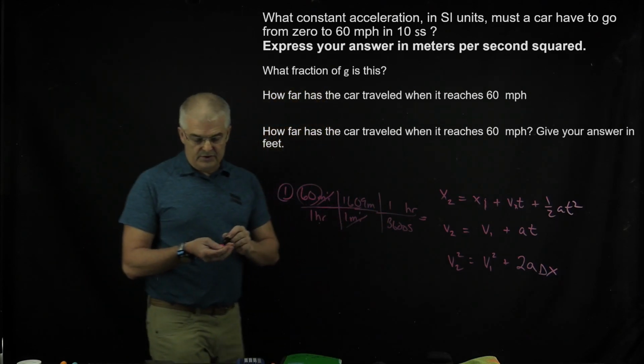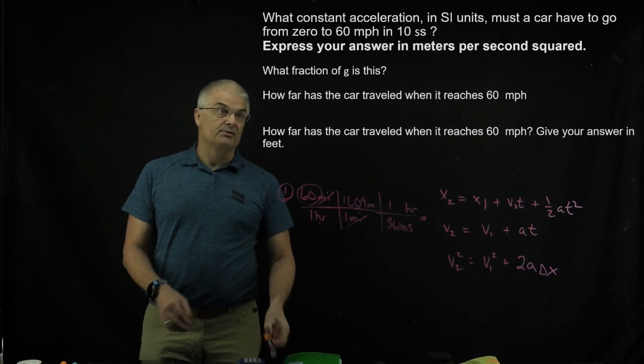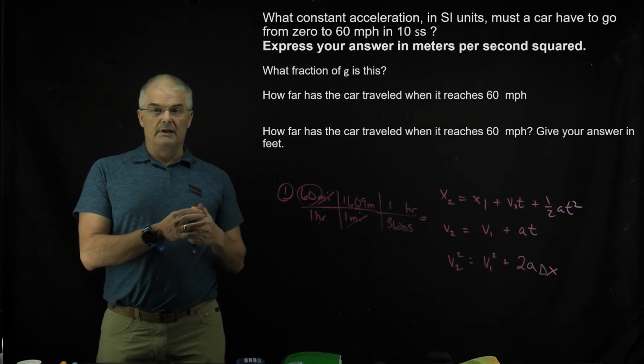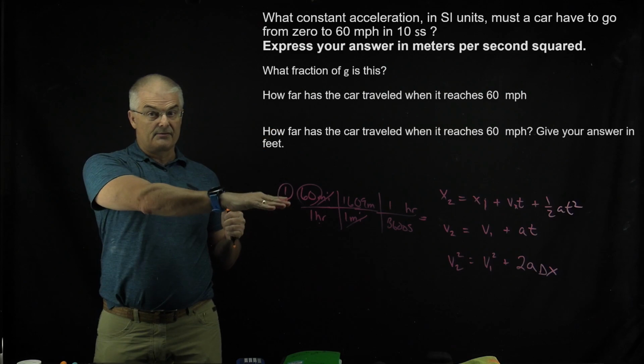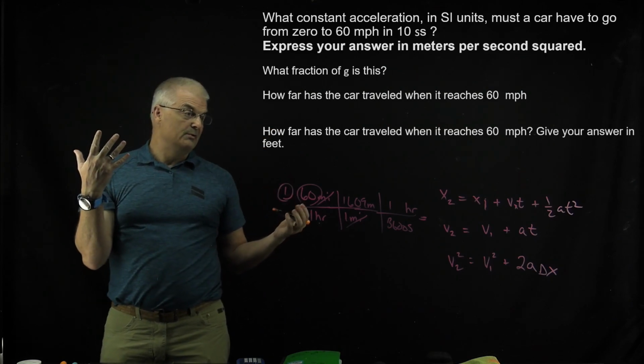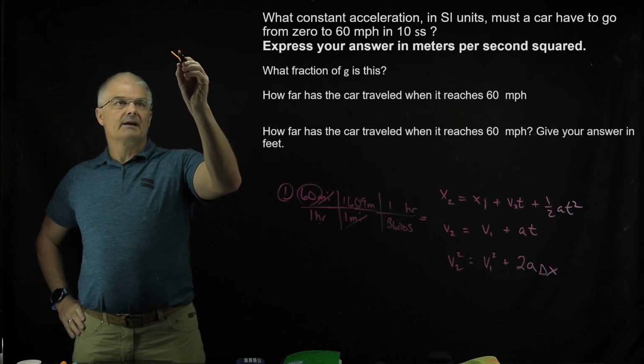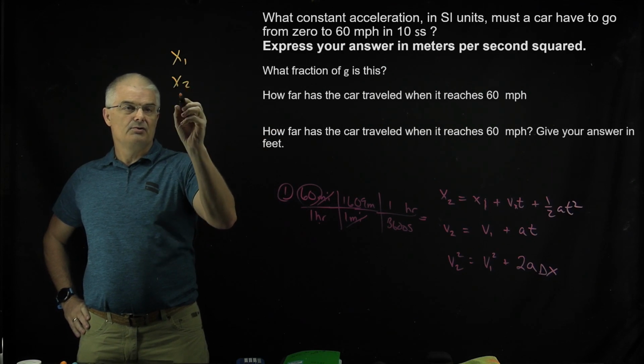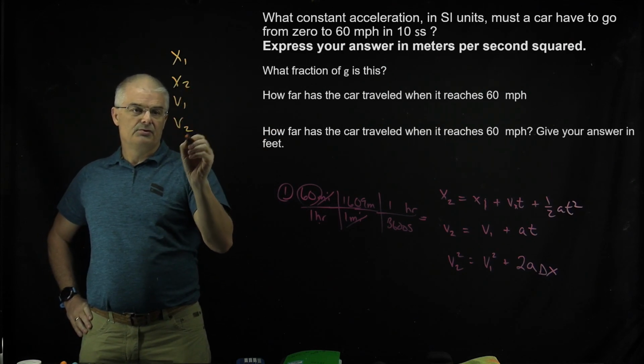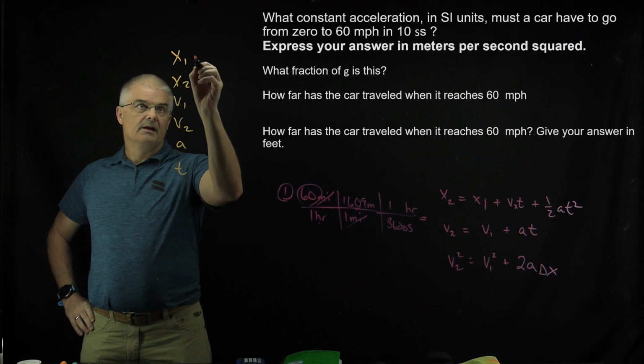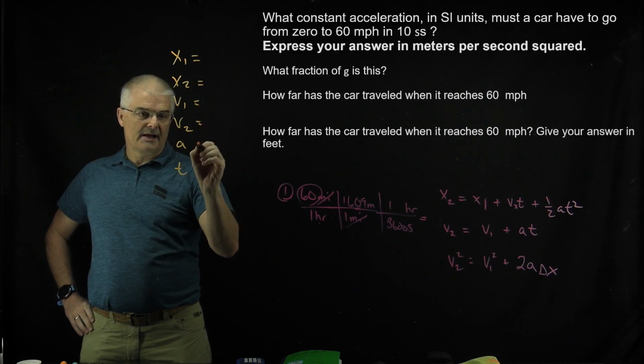Then what you want to do is start by writing these tables. On this table, we know a lot of things, and then they're asking several things of you. If you start with your table, you know what x1, x2, v1, v2, a, and t are. So fill each of these out.